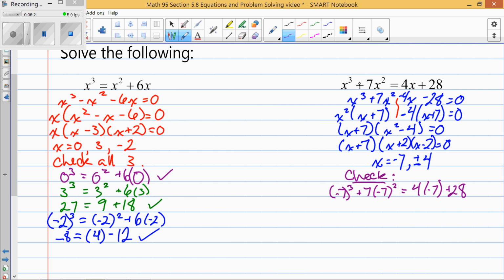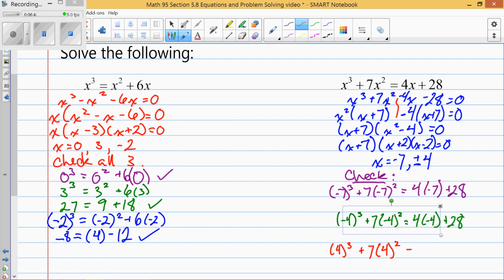I'm also going to do negative 4 cubed plus 7 times negative 4 squared should equal 4 times negative 4 plus 28. And I will also try 4 cubed plus 7 times 4 squared should equal 4 times 4 plus 28. Let me try that again.